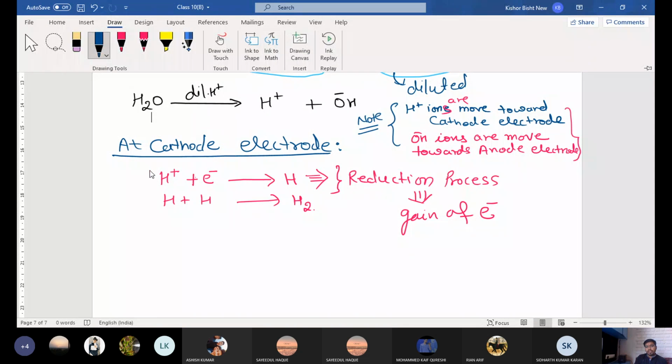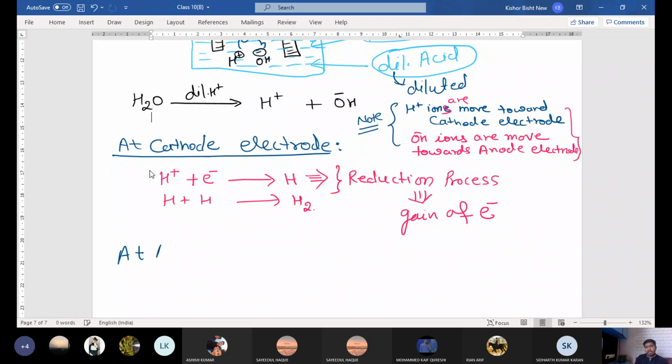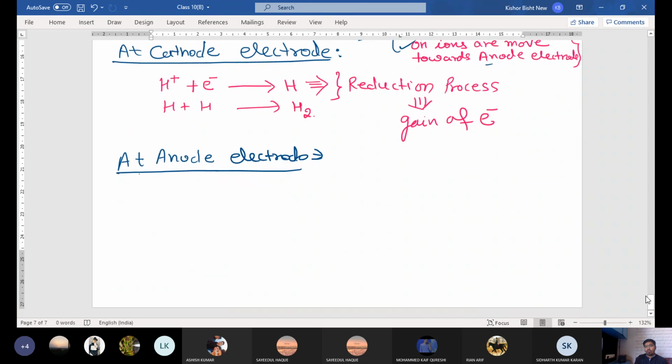Okay, now come to the anode electrode. Which ions are moving to the anode electrode? You see, OH negative ions are moving to the anode electrode. So OH negative means they have an extra electron, and they will release the electron at the anode electrode.